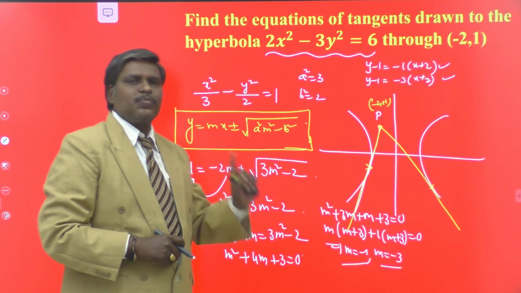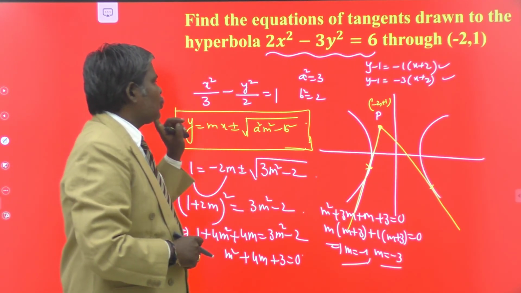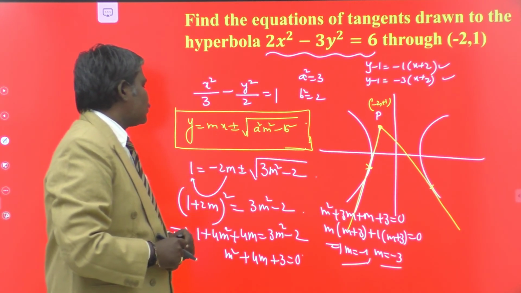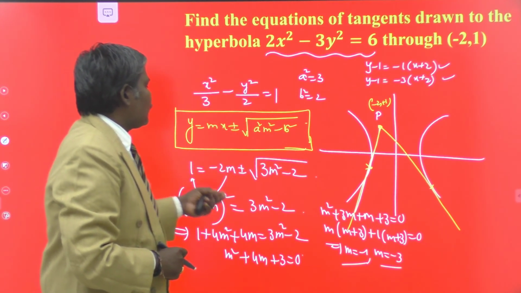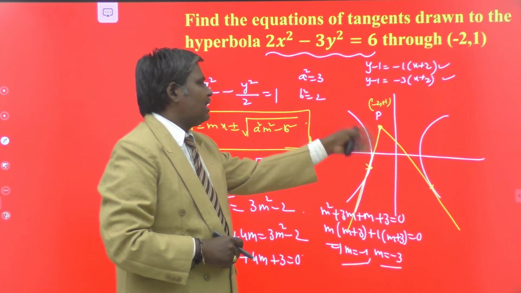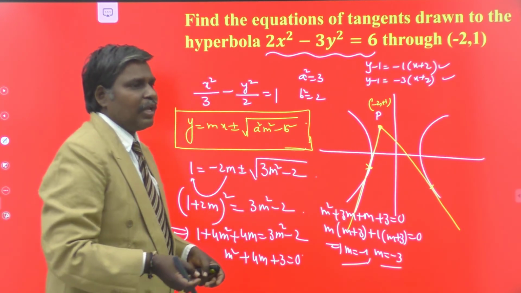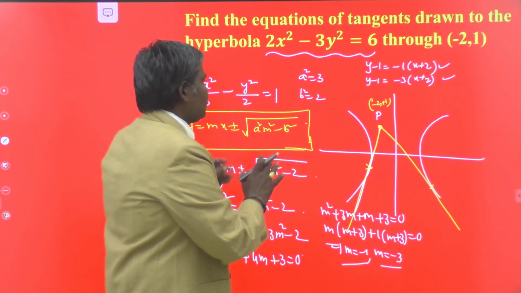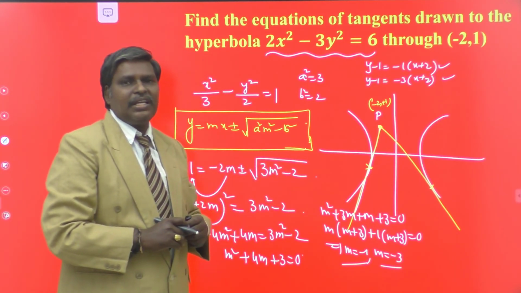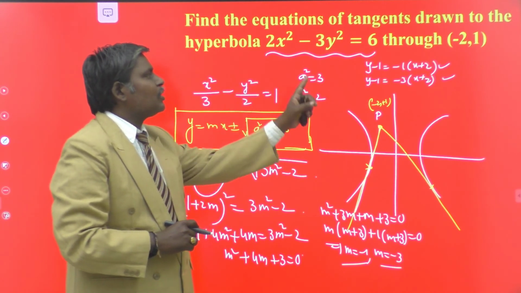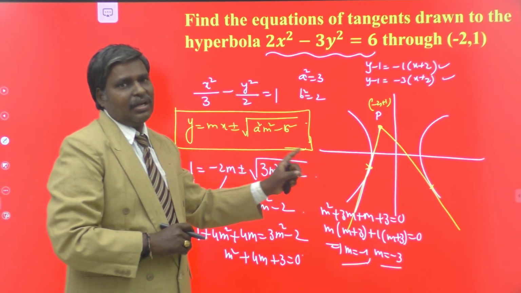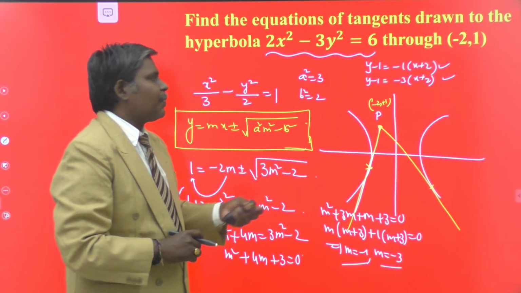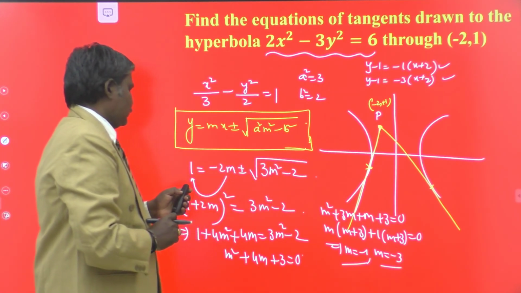You write the corresponding general tangent to those conics and substitute that point, find the values of m, and with the help of the slope and point, you make the equations by using the formula y - y1 = m(x - x1). This is the procedure to find the equations of tangents through the point which is not on the conic, to the ellipse or parabola or hyperbola, whatever it may be.